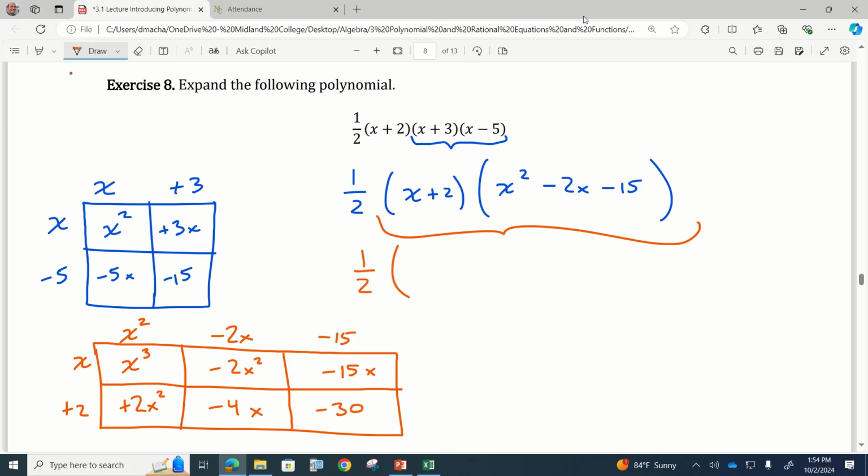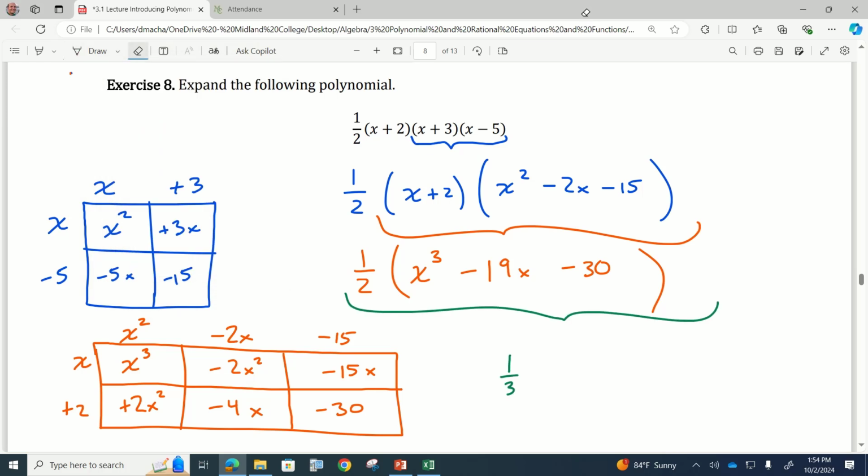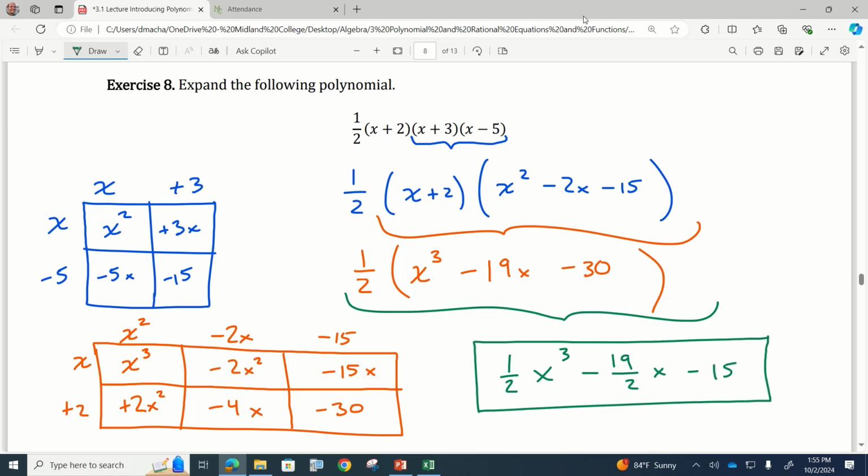One half times x cubed minus 19x minus 30. And then the last step here, we're almost at our answer. I just have to distribute that 1/2. And I get 1/2, sorry, that's a 2, x cubed minus 19 halves x minus 15. And that, you'll notice, is an expanded form.